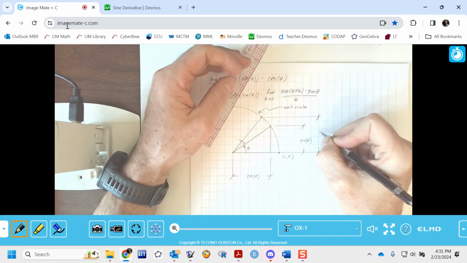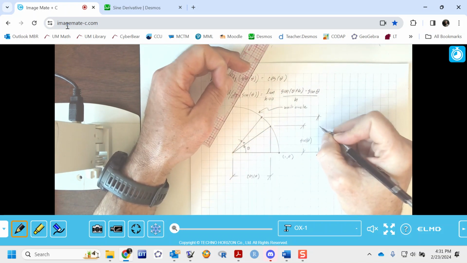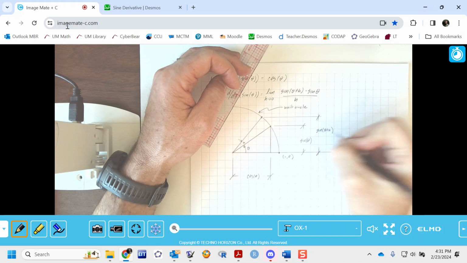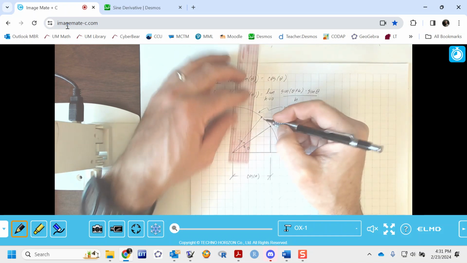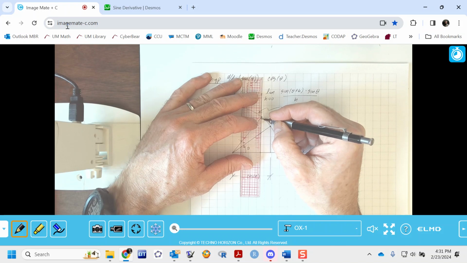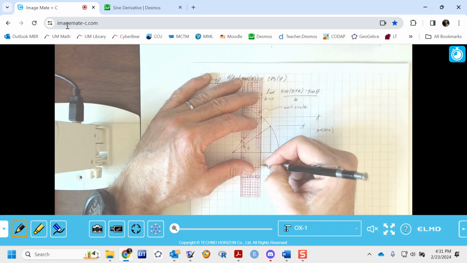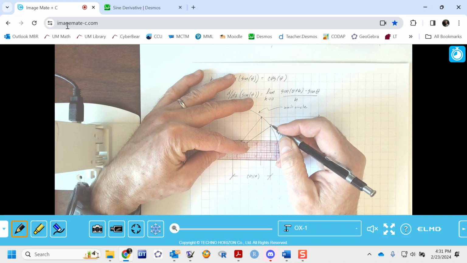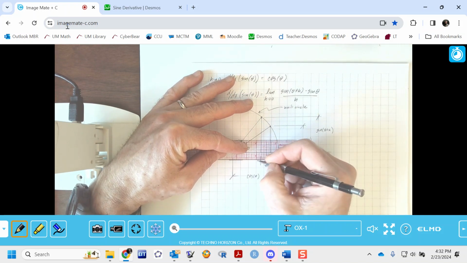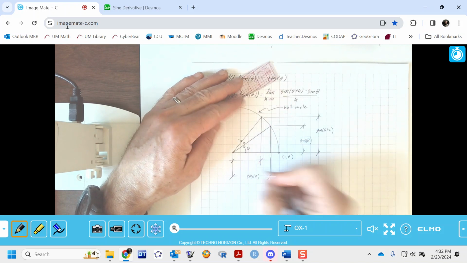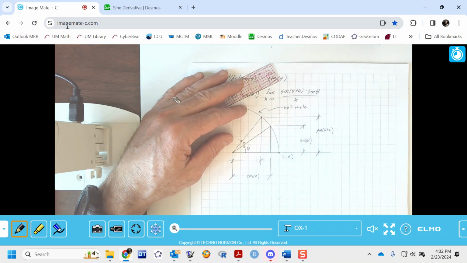This would be the sine of theta plus h, and here I'd drop a perpendicular down and call this distance the cosine of theta plus h.